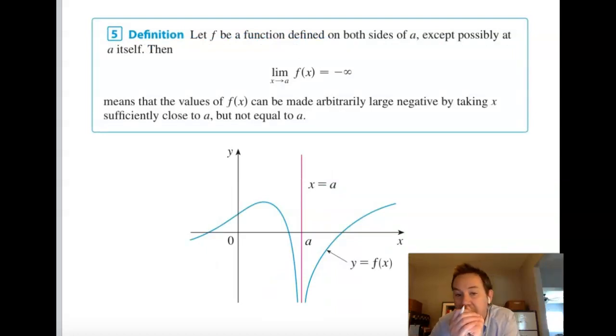So if as your function gets close to some value a, your y values get infinitely large negative by taking x sufficiently close to a, then we say that the limit of f of x as x approaches a is negative infinity. Has to be the same behavior on both sides of a.